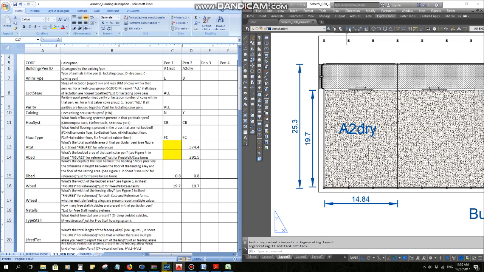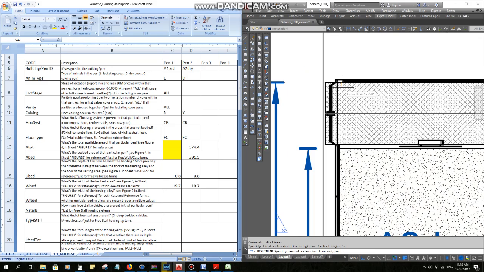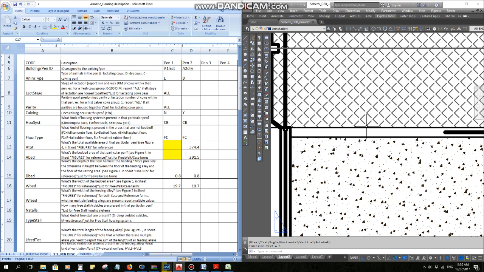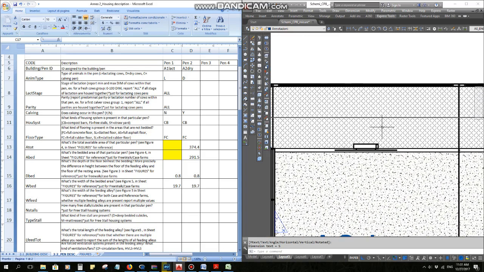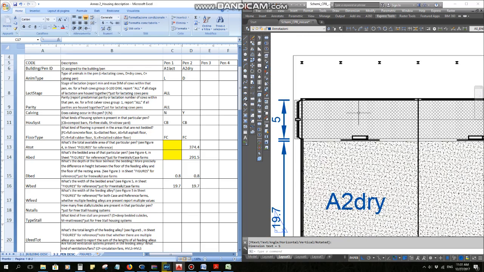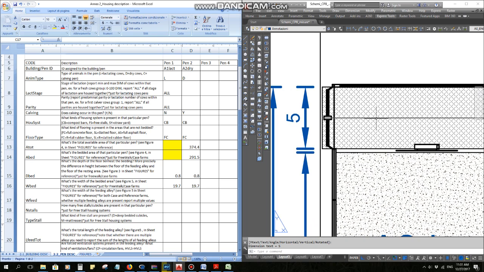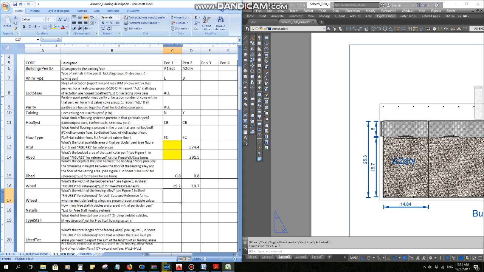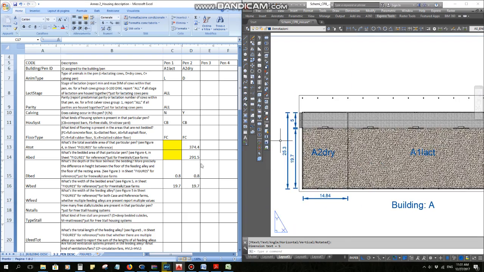Let's take this measure, or otherwise we can calculate 25.3 minus 19.7, but it's always better to take a measure, because that is going to be 5 also, because there is this area that is not bedded and it's not included in the width of the feeding lane. So the width of the feeding lane is 5 meters for both pens, right? So 5 meters and 5 meters.